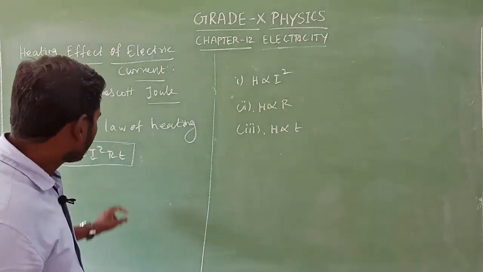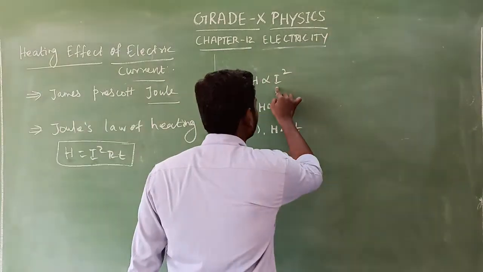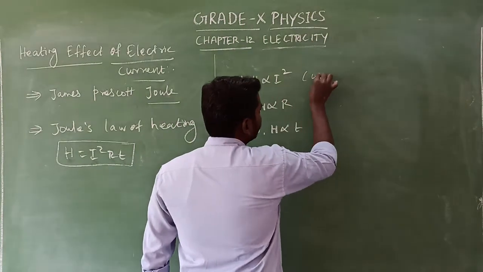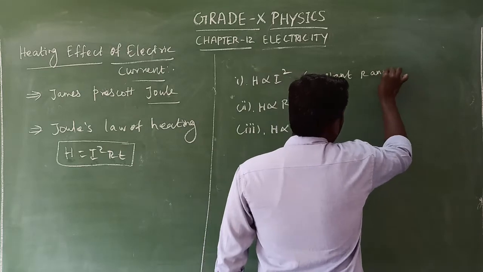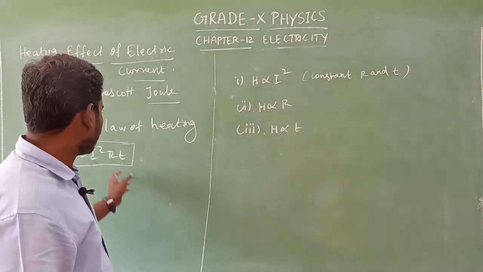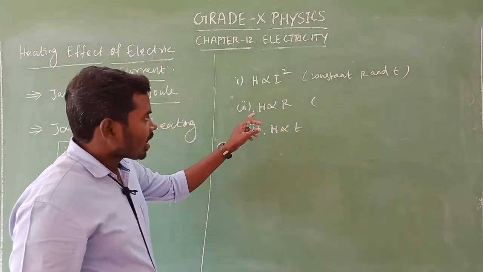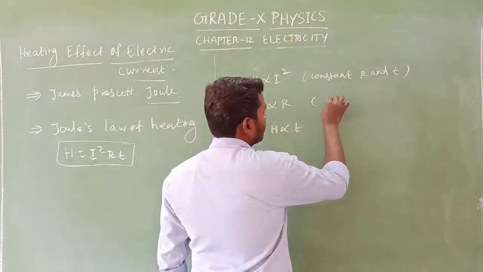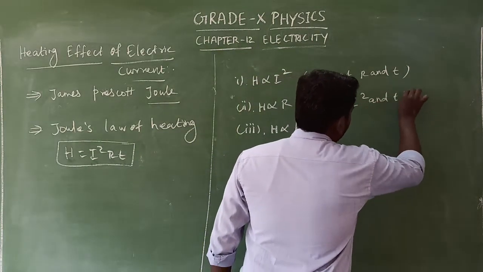Heat produced by an electrical appliance is proportional to the square of the current, by keeping the resistance and t constant. Second, heat is directly proportional to resistance, by keeping I squared and t constant.